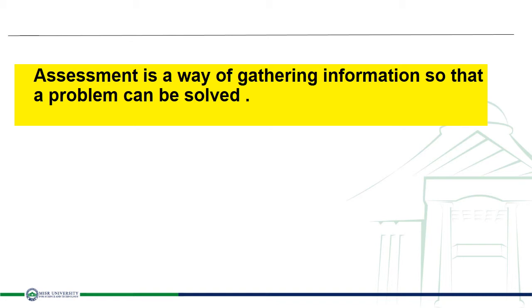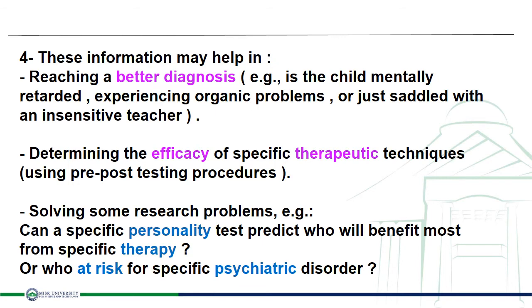For example, if I am interested in treating a phobic reaction, I should do a pre-assessment. In this pre-assessment, I will assess the severity of symptoms, and then the third step is post-assessment. In post-assessment, we reassess the symptoms, and if there is a difference between the pre-assessment and the post-assessment in favor of the post-assessment, in that case we can say that the therapy has efficacy.